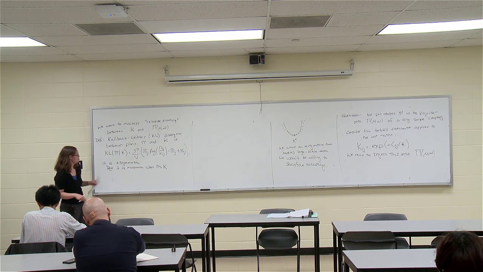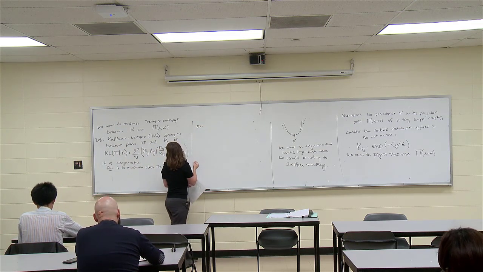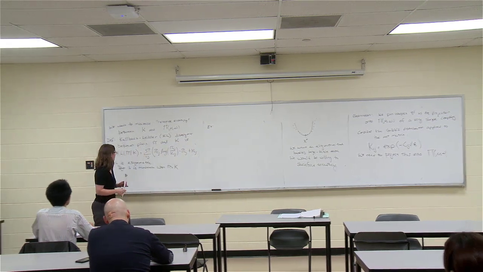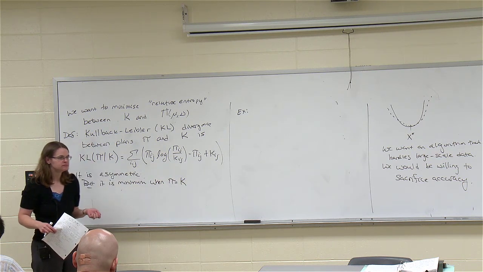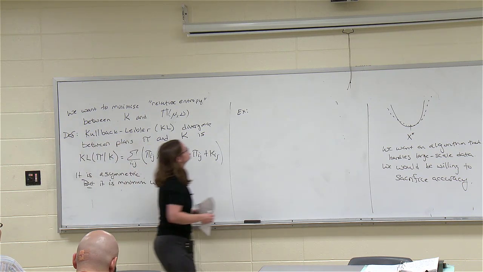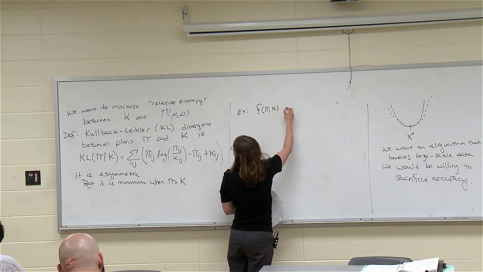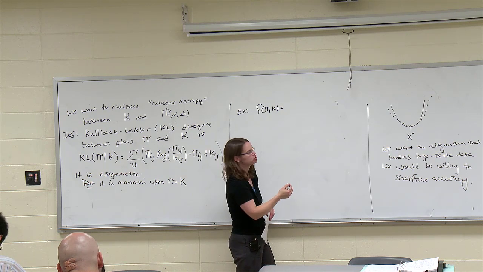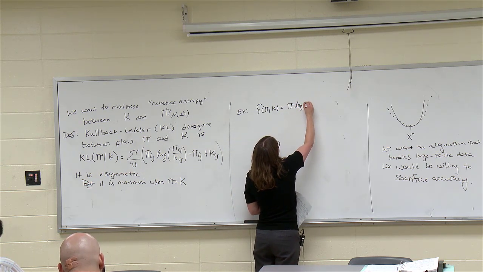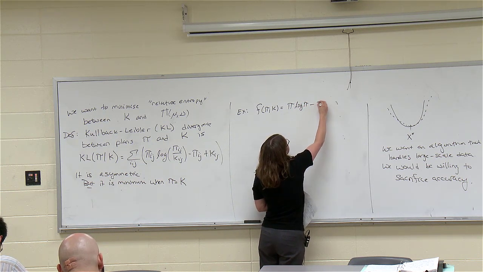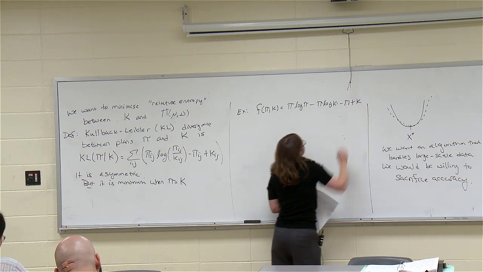Okay, so I'm just going to do a quick exercise on this. Let's restrict to one component. If I restrict this to just one component, effectively I can think of this as a function of two variables: pi log pi over k, minus pi plus k.